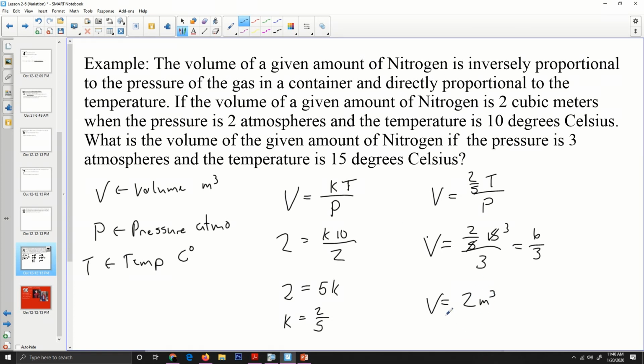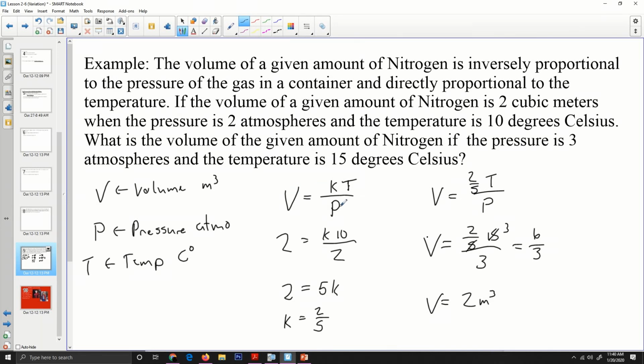Now, what you're going to say is, hey, wait a second, Mr. McCulley. Didn't we just say that it was nitrogen of 2 cubic centimeters and the pressure was 2 and the Celsius was 10 degrees? Well, yes, we did. But remember, as the temperature goes up, the volume goes up.